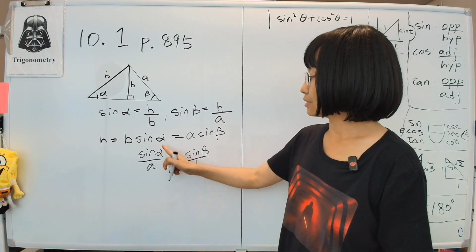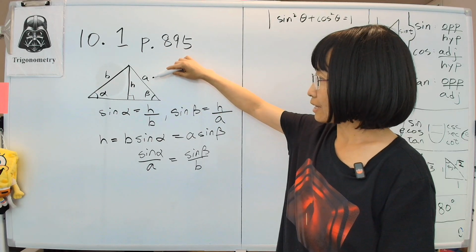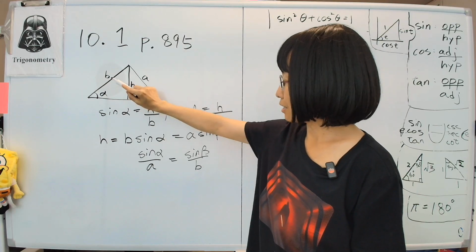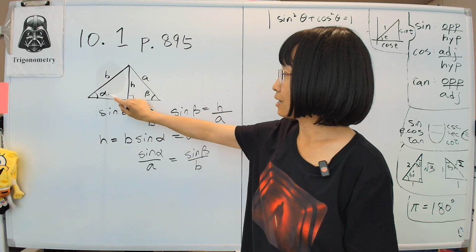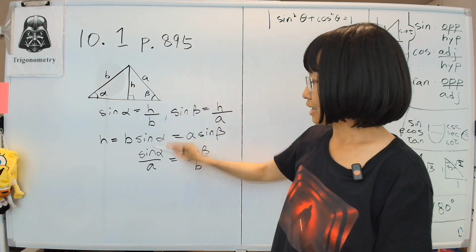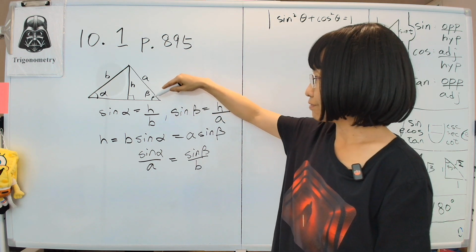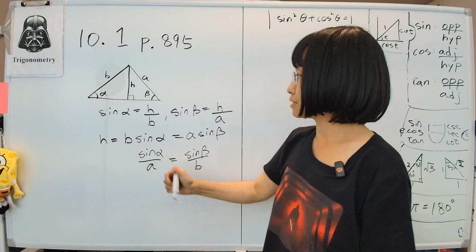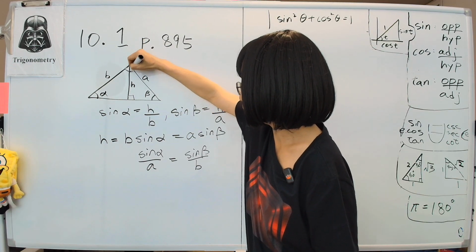In other words, in any triangle, the sine of the angle alpha divided by the side opposite it, which is a, is going to be equal to the sine of a different angle, beta, divided by the side that is opposite. And similarly, if there's a third angle here, we'll call the third angle gamma.